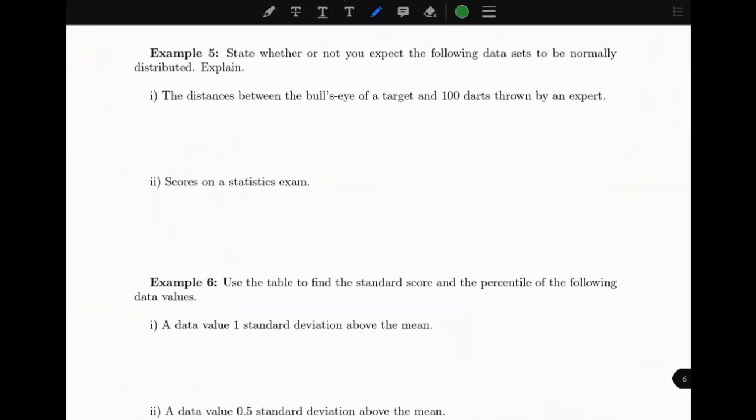So if you're having an expert do what they're good at, they're likely going to be very close to the target, and very few away from the target.